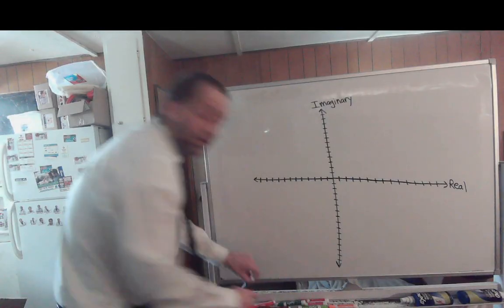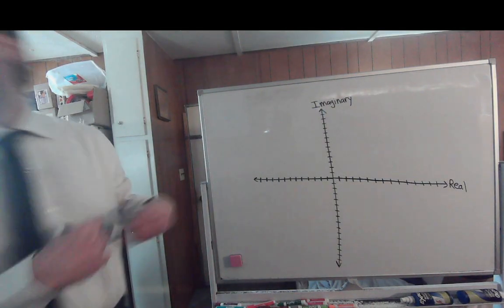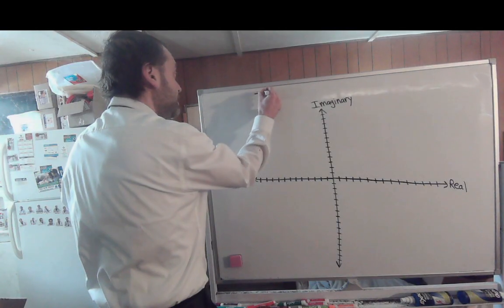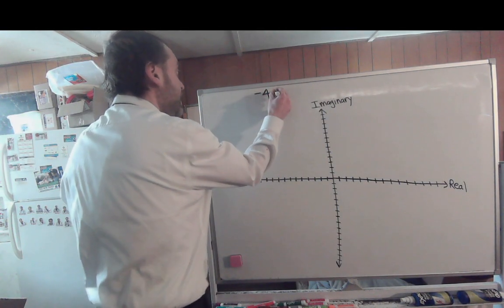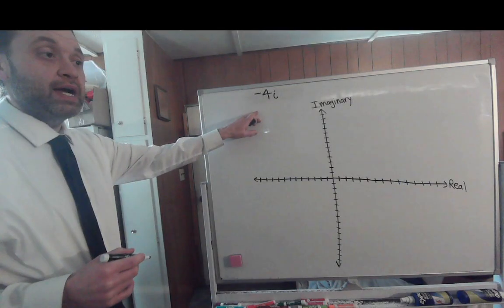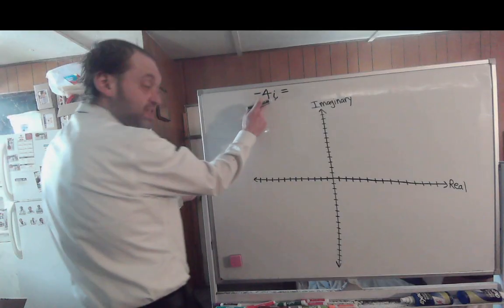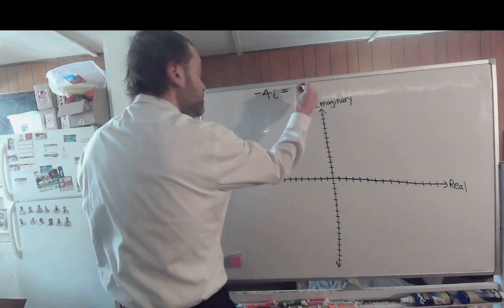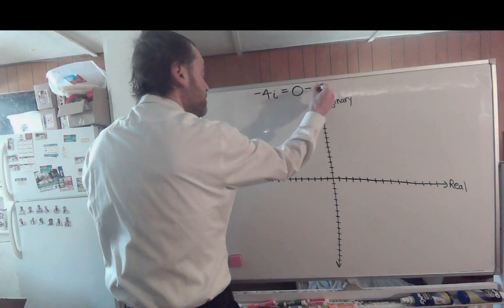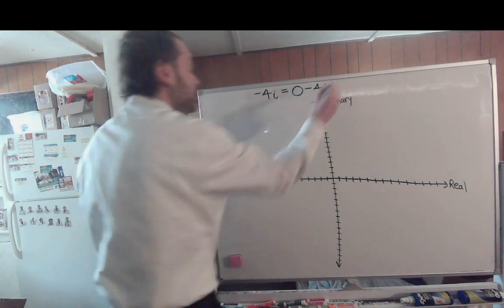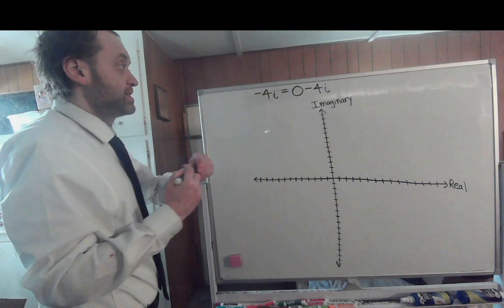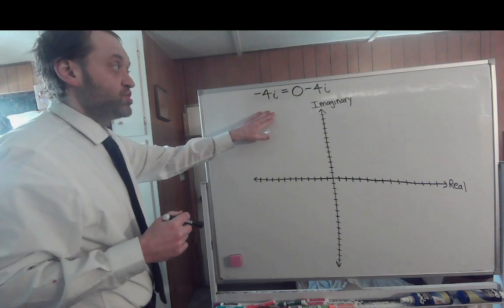Now I have just negative 4i. I only have negative 4i. Well, what is that the same as in standard form? You can also write this as 0 minus 4i, because you have 0 on the real axis, but negative 4 on the imaginary.